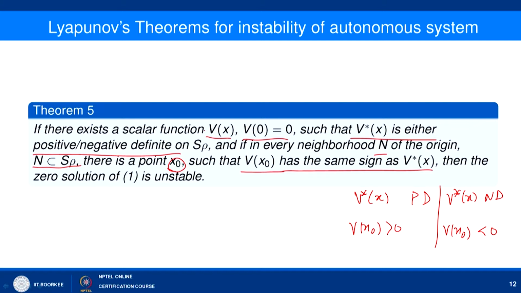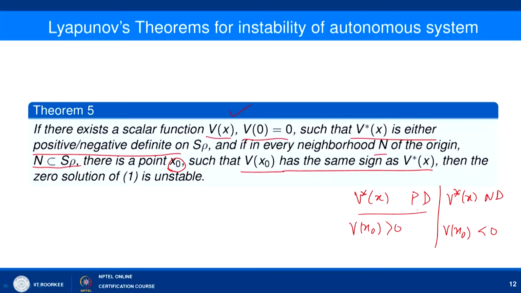Please look here, the requirement that V x is positive definite is removed. Here we just assume that V x is a scalar function such that it is vanishing at 0, that is all. So, everything here is given in terms of V star x.